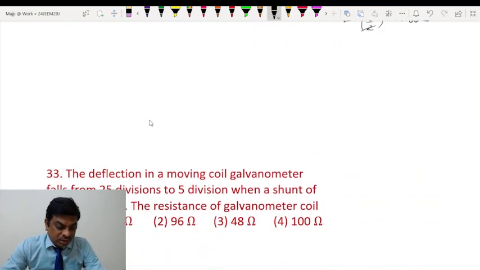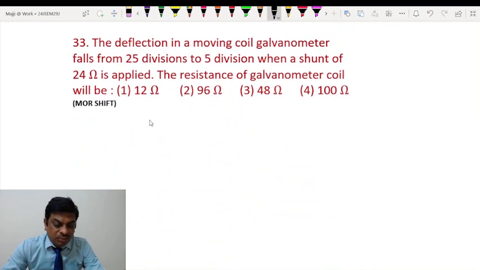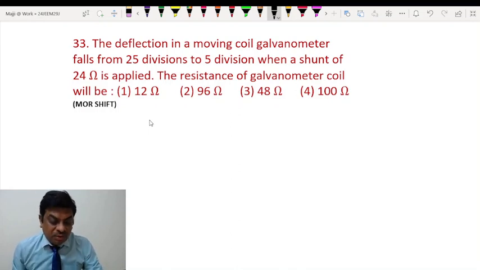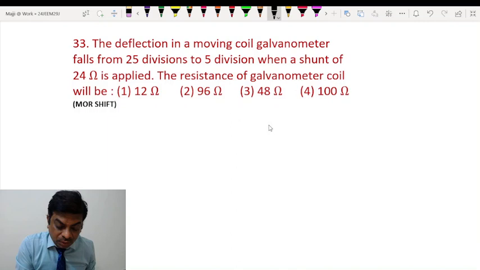Moving to the next question, 33. The deflection in a moving coil galvanometer falls from 25 divisions to 5 divisions when a shunt of 24 ohm is applied. The resistance of galvanometer coil will be. Now this is a galvanometer coil. Okay students, this is a galvanometer.